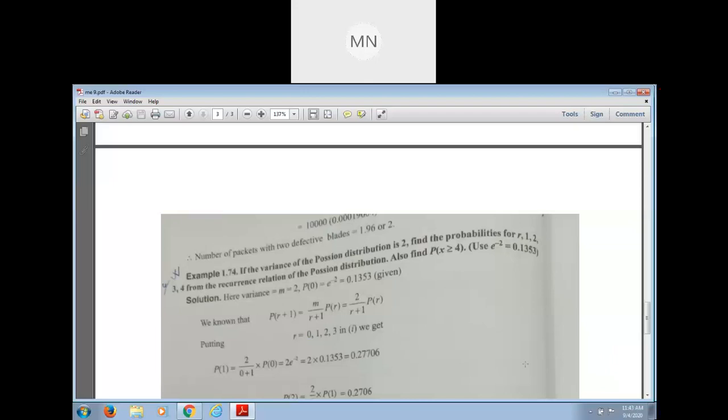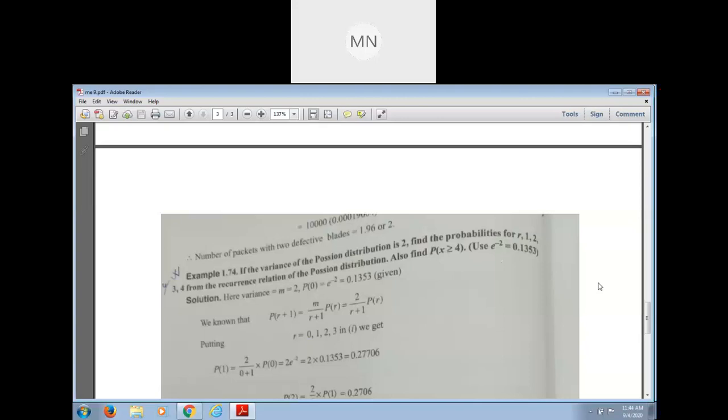If you are asked to find the values for x equals 1, 2, 4, then you can use the recurrence form, because this formula helps us easily find these values. Even if it is not mentioned properly, you can use the recurrence because it is very helpful.